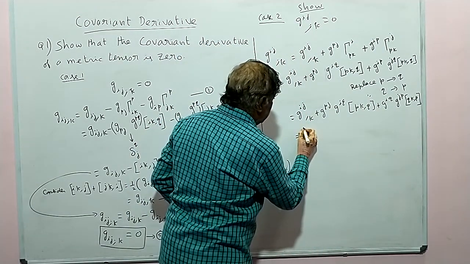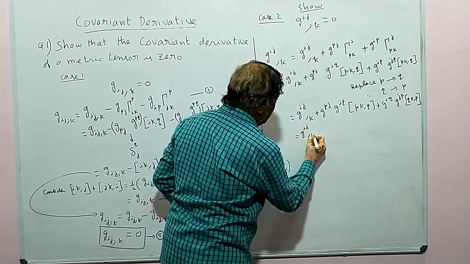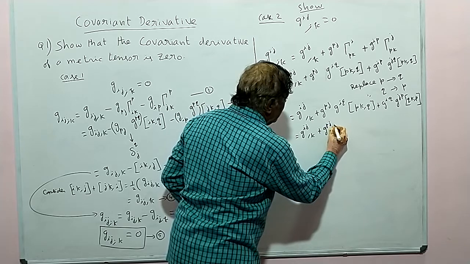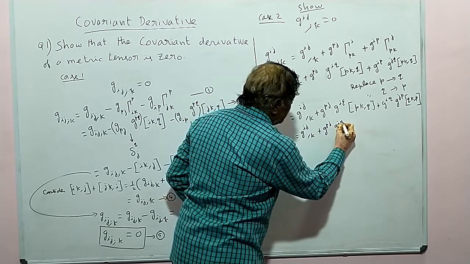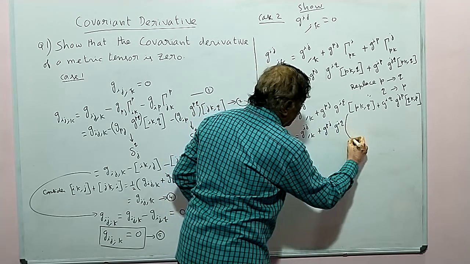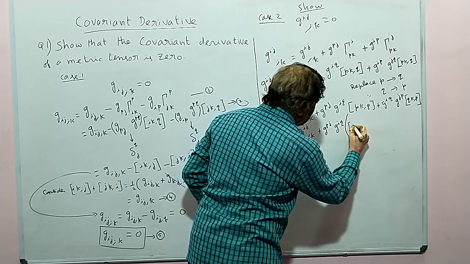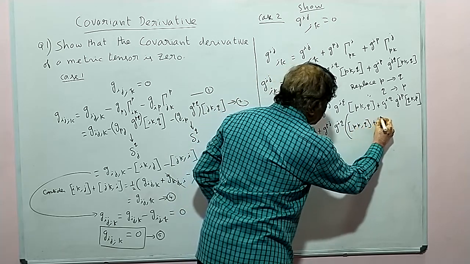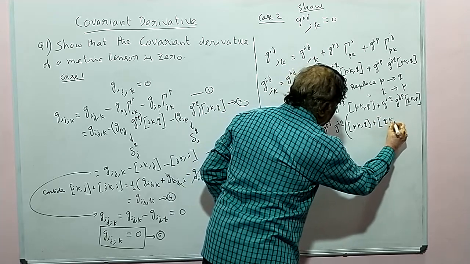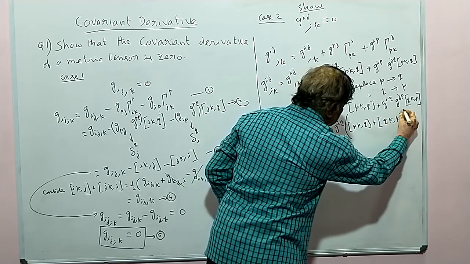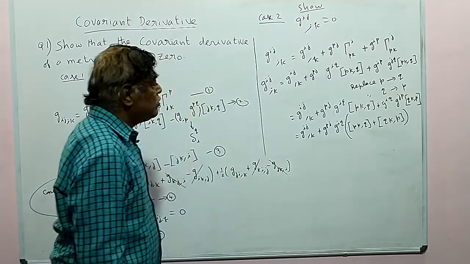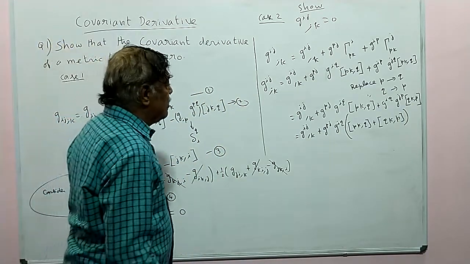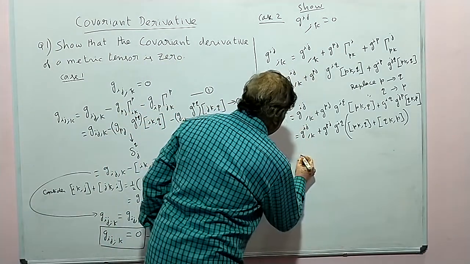So g^{ij},k plus g^{pj}g^{iq} is a common term, and if you take it common, the remaining terms are [pk,q] plus [qk,p]. Now what is this value?